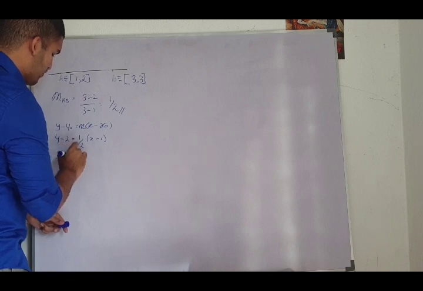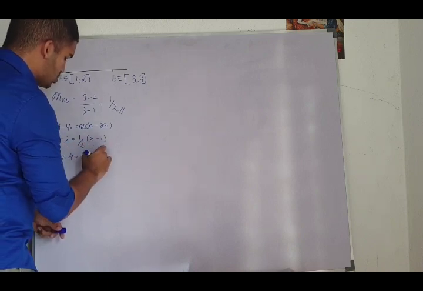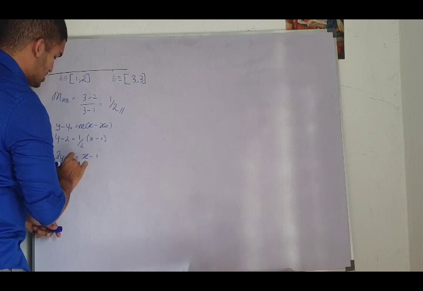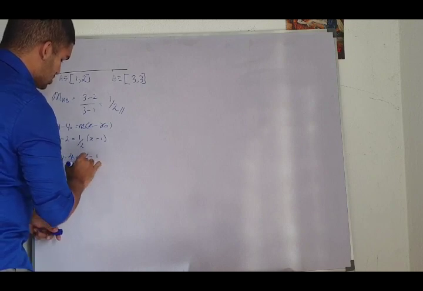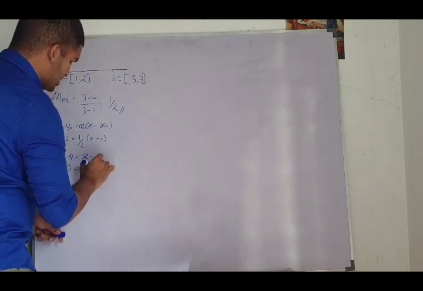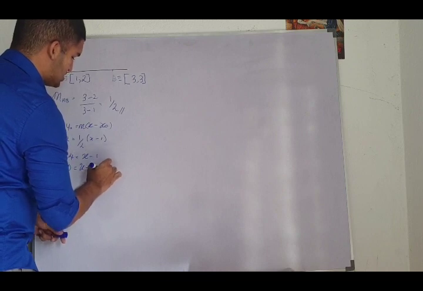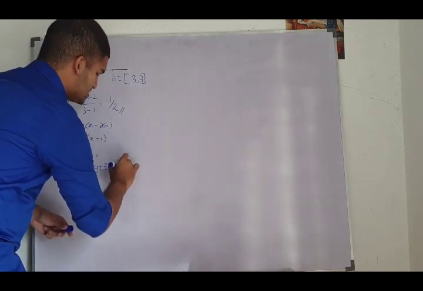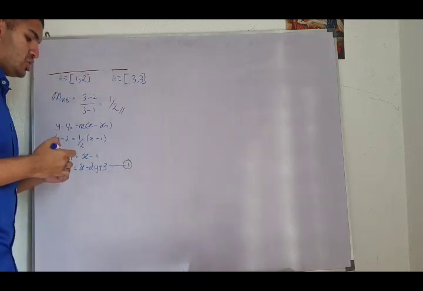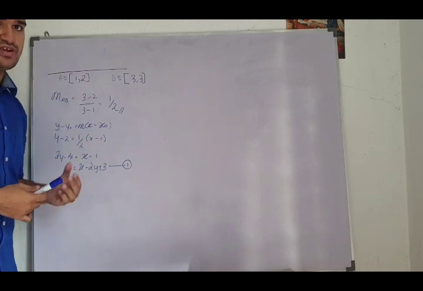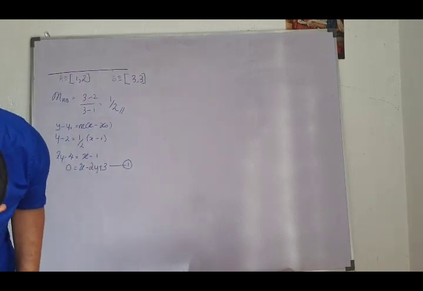So 2y minus 4 is equal to x minus 1, and x minus 2y plus 3 equals 0. This is equation 1. So this is what they have asked in the very first question. Let's get on with the next question.